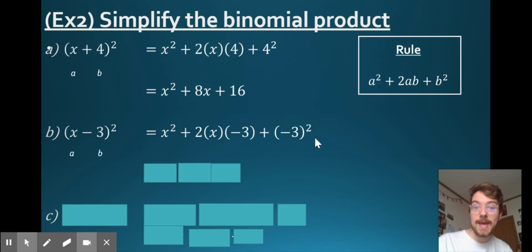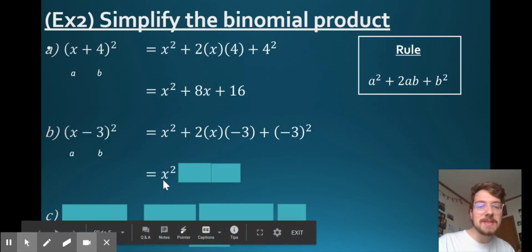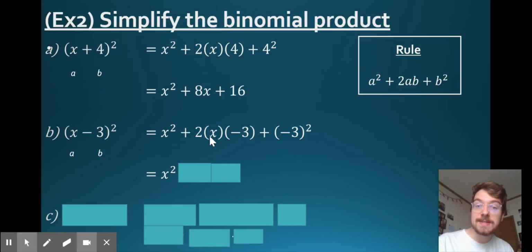So this is a whole mess right here. I would want you to simplify that. Again, can't do anything with x squared. It's about as simple as it's going to get. But in the middle, let's multiply our numbers first and slap the x on at the very end. So 2 times negative 3 gives me negative 6. And then negative 6 times that x, we just put those together.